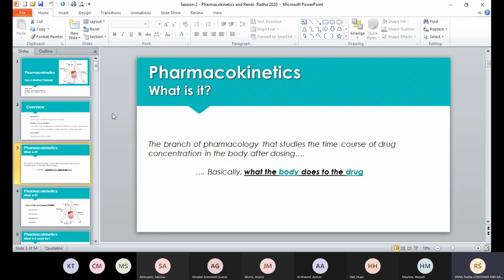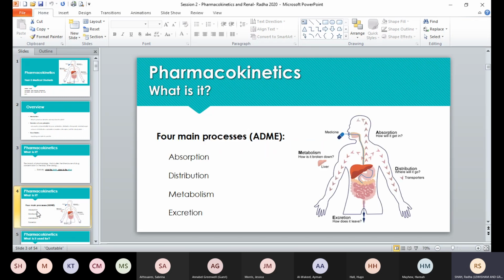Pharmacokinetics is a branch of pharmacology, and it studies the time course of a drug concentration in the body after dosing. So basically what happens to the drug after we have either ingested it or injected it, or if it's a patch that we've put on the skin through transdermal, a spray, or an inhalation, what happens to that drug once it reaches the body.